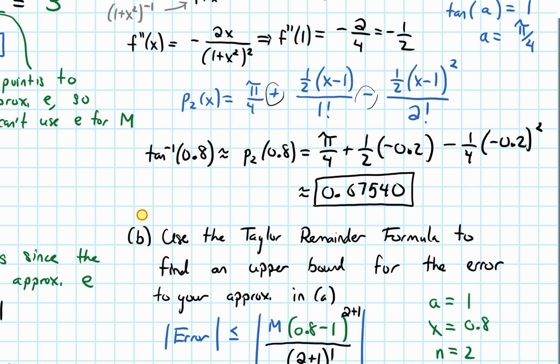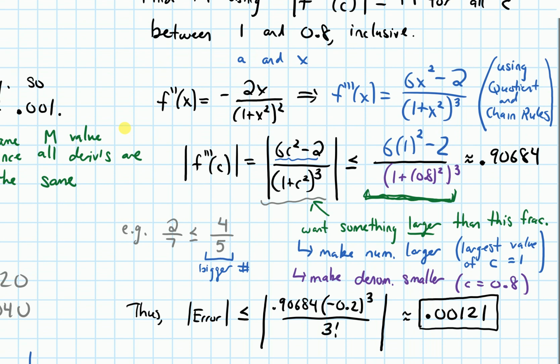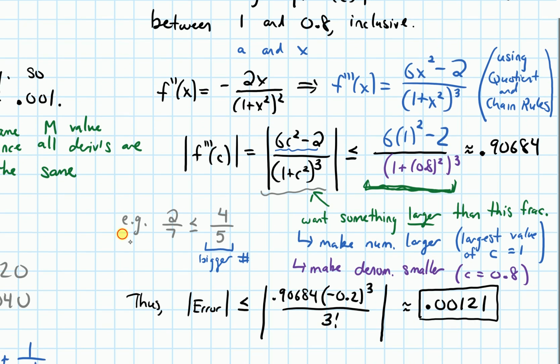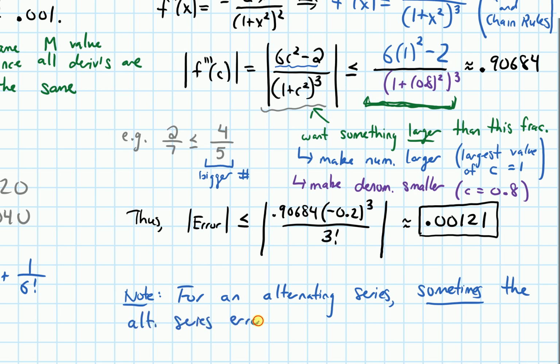And the comment that I want to make is, when we have an alternating series, sometimes the alternating series error is better than the Taylor remainder error.